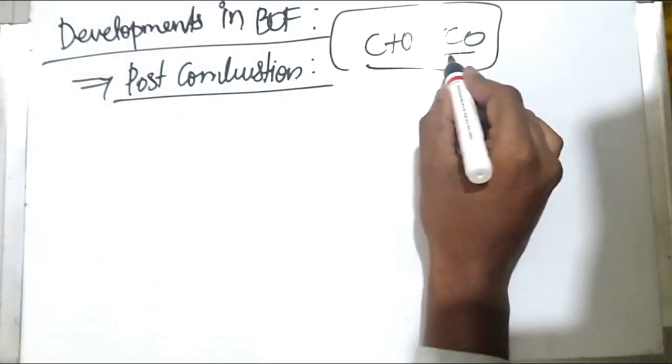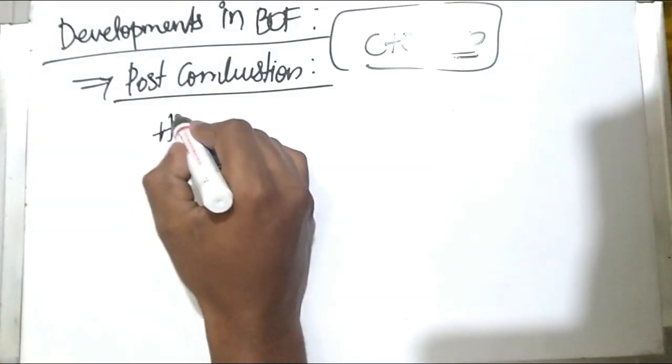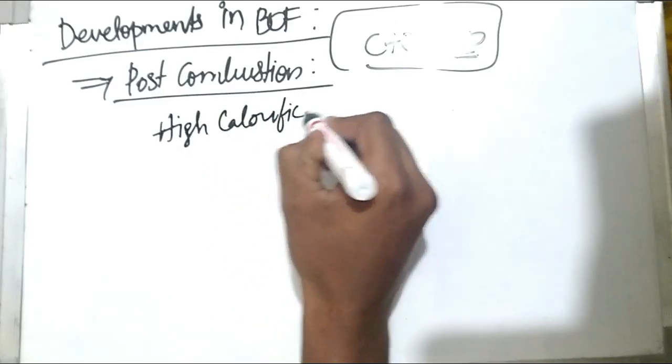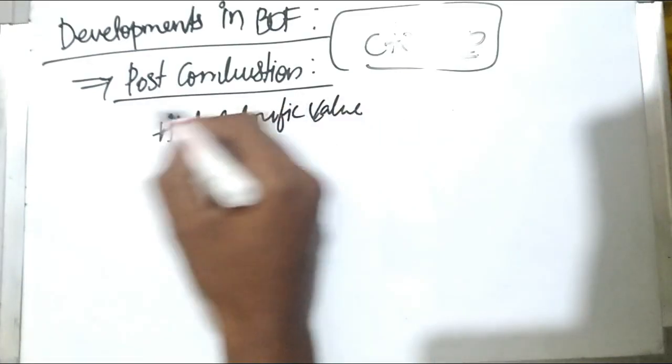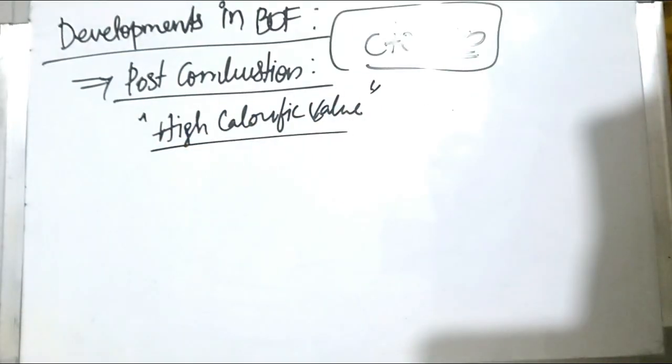This carbon monoxide has a very high calorific value. So if we utilize this CO again, the temperature efficiency in steel making is improved.